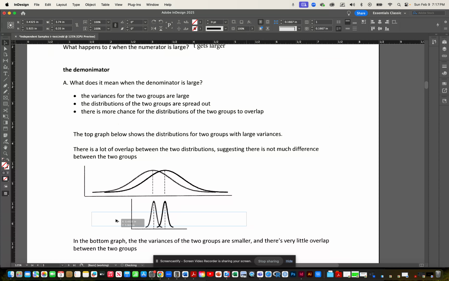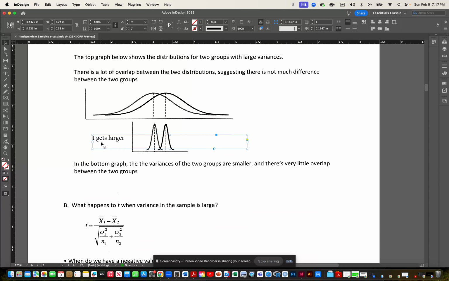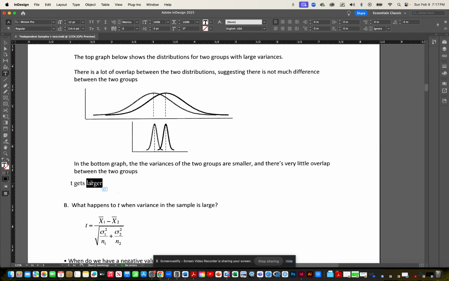So let's summarize that. When there's little overlap, it means the two groups differ in the population.